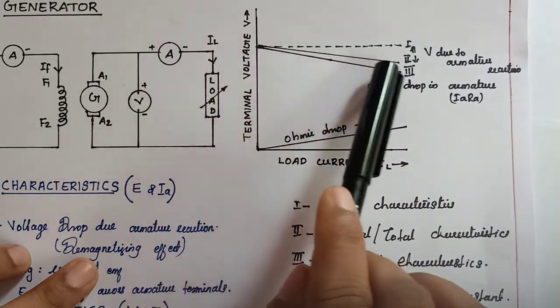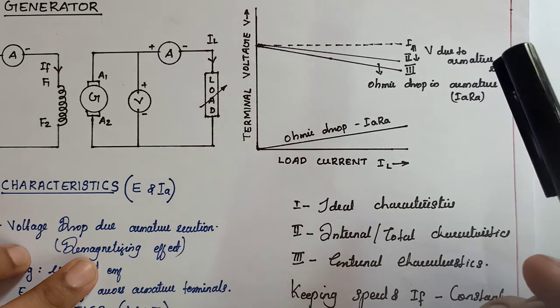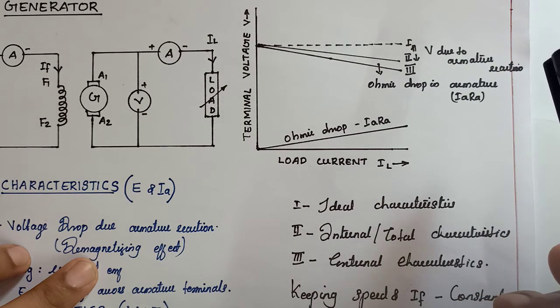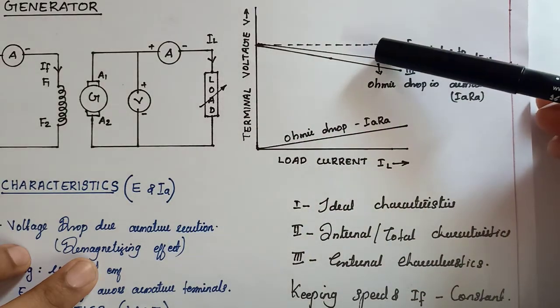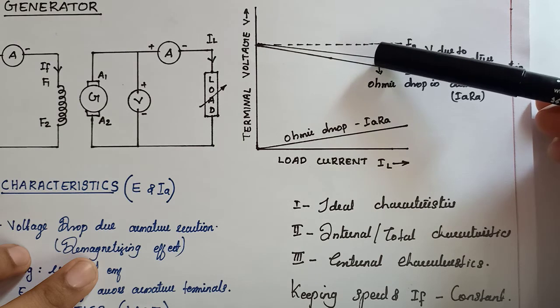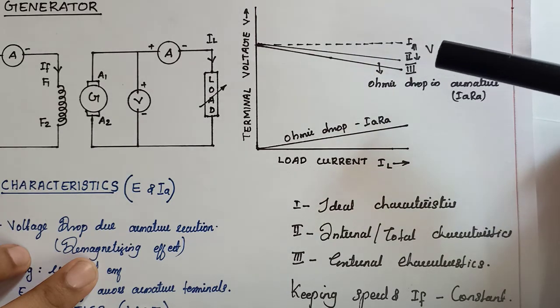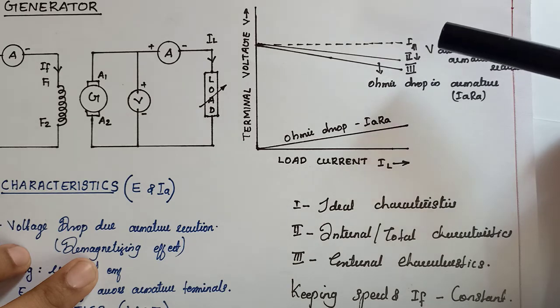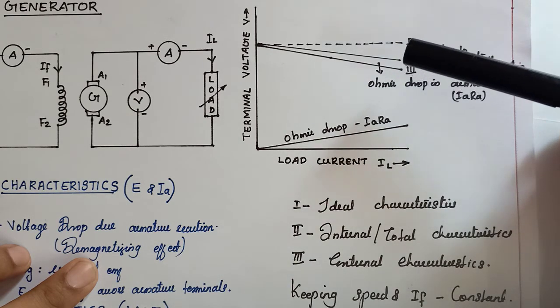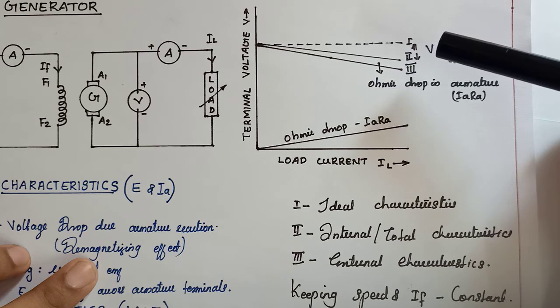The third curve gives you the external characteristics, which includes two drops: the voltage drop due to armature resistance, the IARA drop, and the demagnetizing effect. Up to here is the demagnetizing effect, and from here to here is the ohmic drop. So we can say that the external characteristics always lie just below the internal characteristics, due to the ohmic drop, or the voltage drop due to armature resistance.